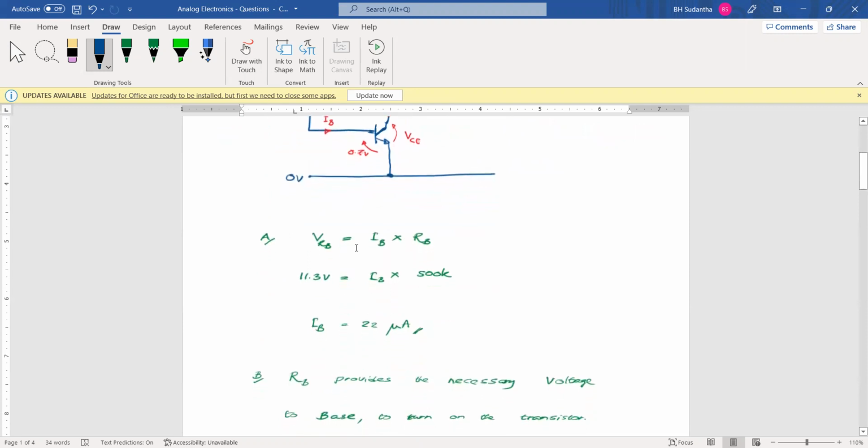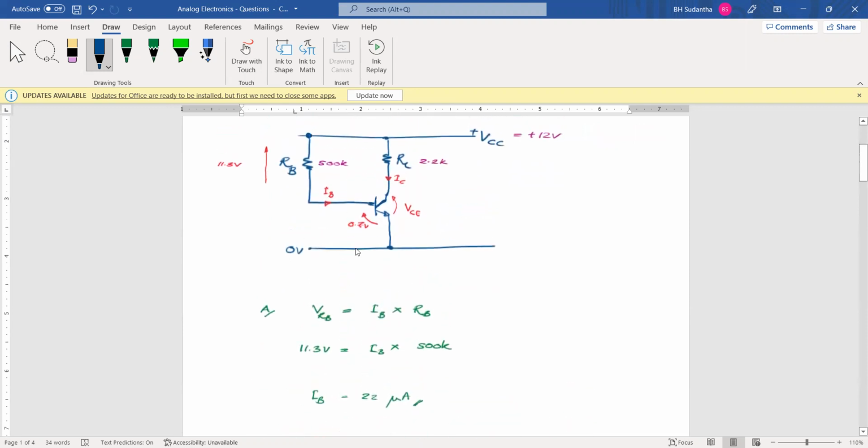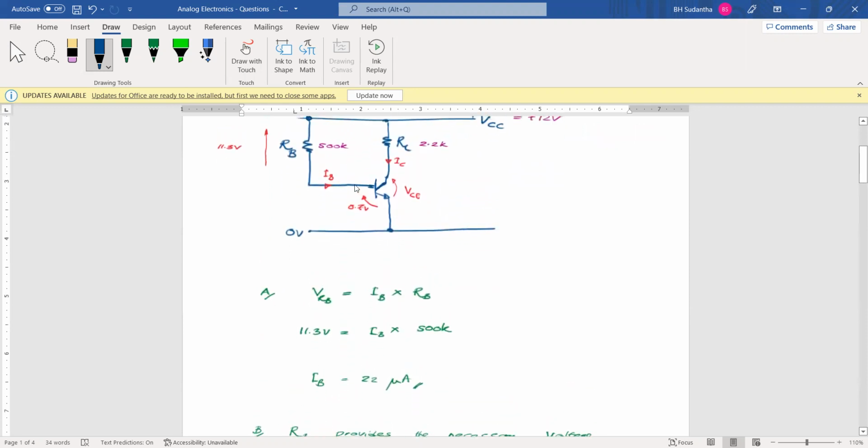We can turn on the transistor providing any positive voltage to the base terminal, but we have to maintain this forward bias base emitter junction. At the same time, we have to reverse bias the base collector junction. That's why, when you put a 500K resistor here, the base terminal voltage will be less than the collector terminal voltage.